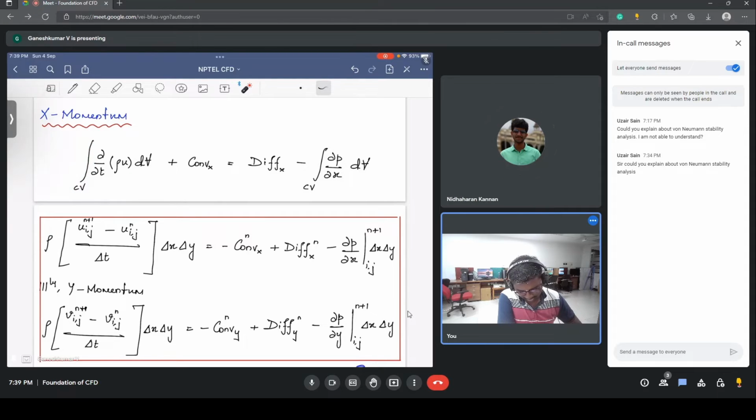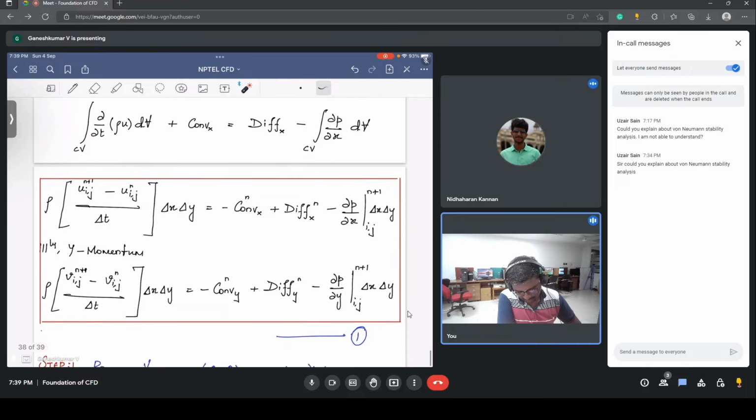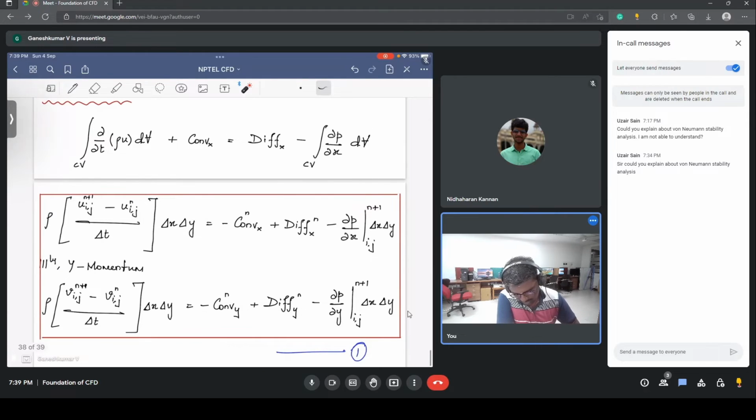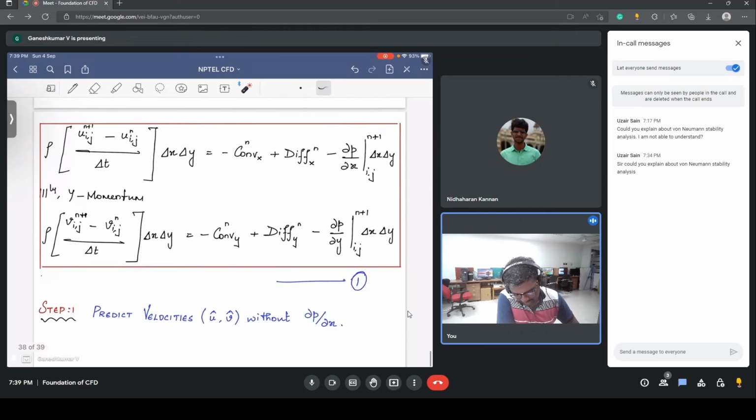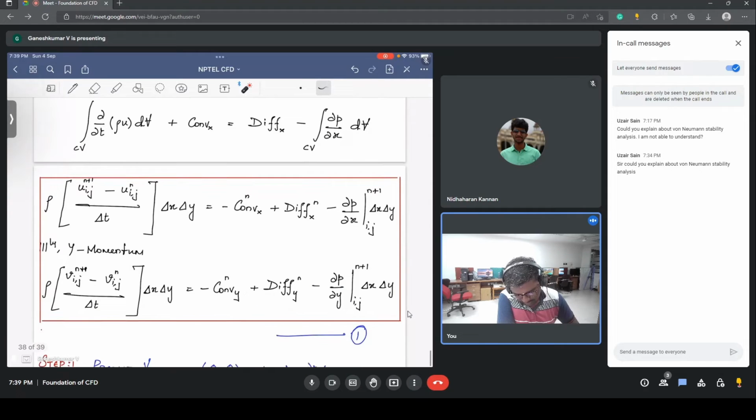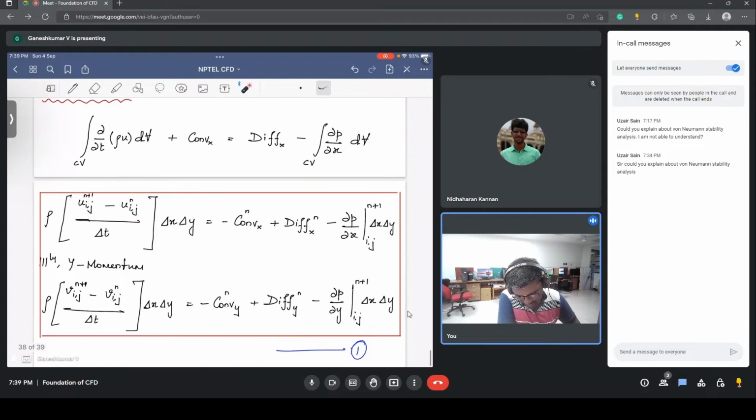So now we have this equation: dou by dou t, the convection, diffusion, and pressure gradient terms. Now you can simply discretize it like this, right? It's a simple Euler explicit form. Here dou u by dou t you can write as u n plus 1 minus u n divided by delta t, a simple difference form.